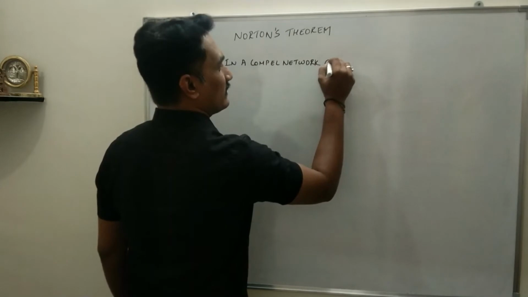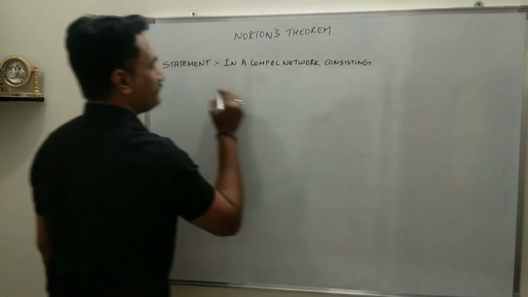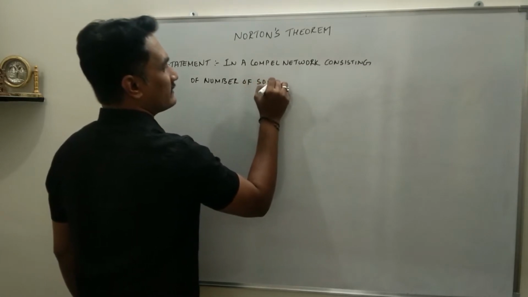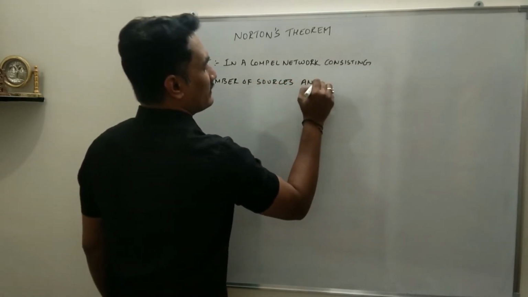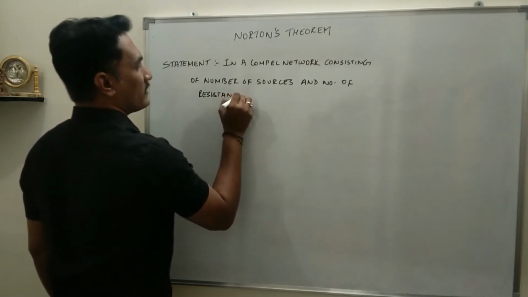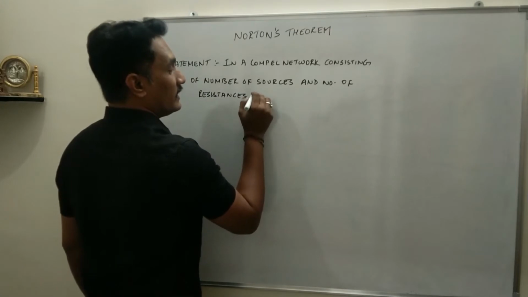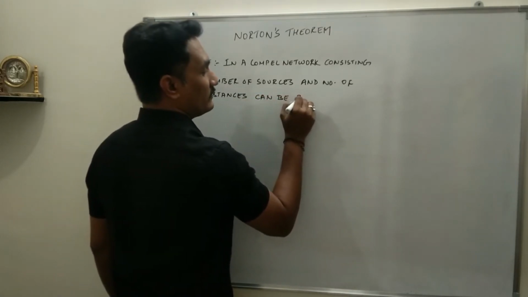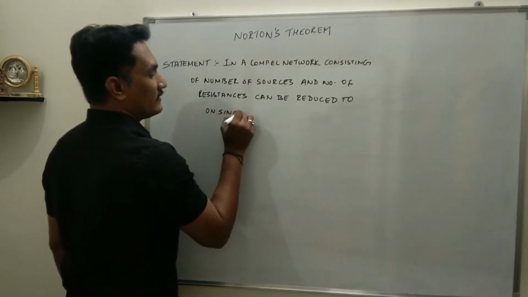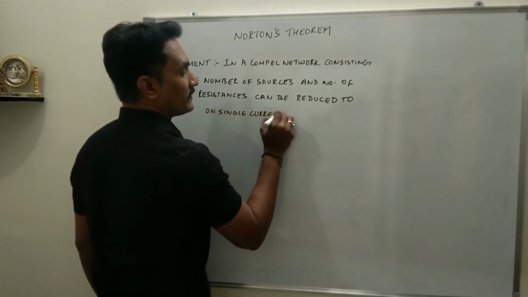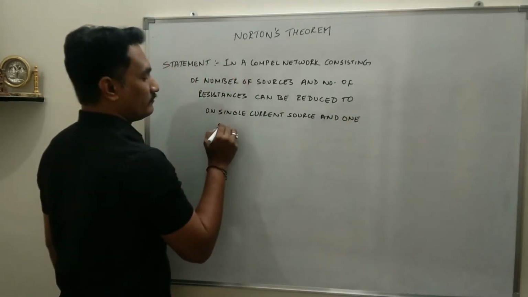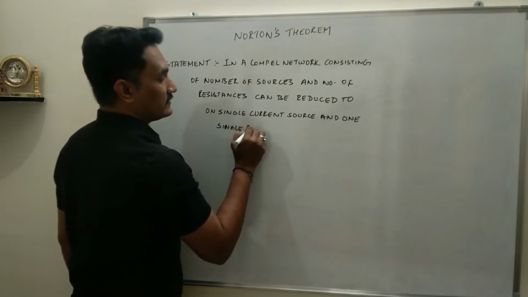In a complex network consisting of number of sources and number of resistances can be reduced to one single current source and one single resistance.